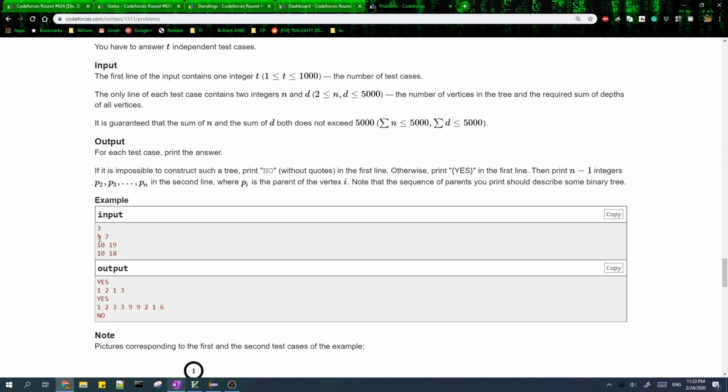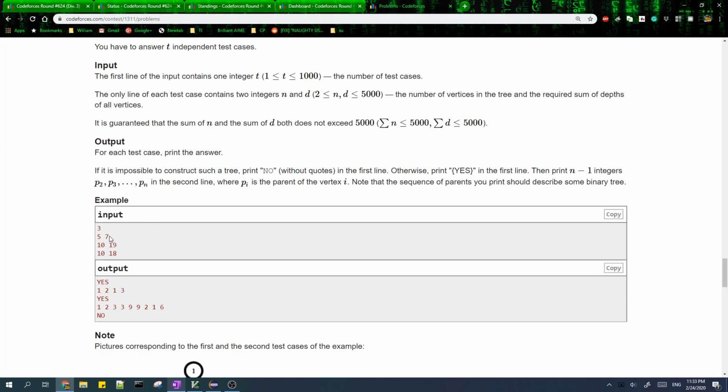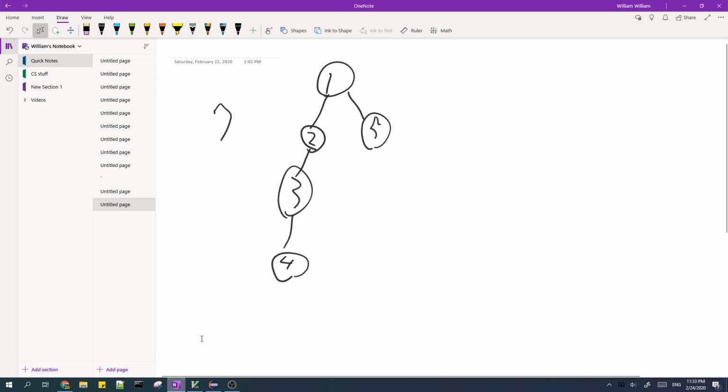So we start with 5 nodes, and we want a sum of depths of 7. And right now we have a sum of depths of 10. So that means we should try to move the last one up by 3. And then we move it up by 3. And it goes over here. And so now it's 7. And then once we get to 7, once we get to the one we want to input, we just stop.